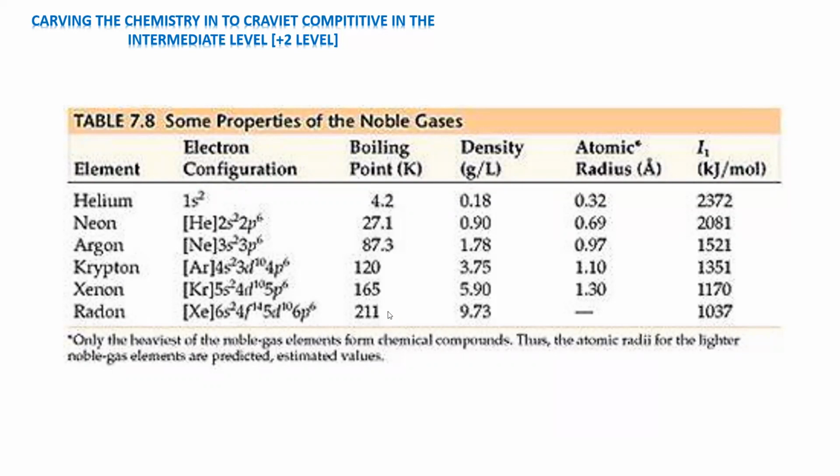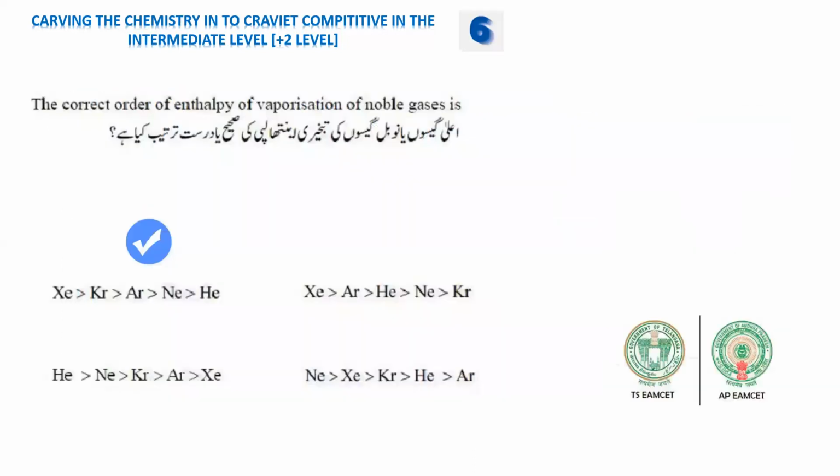You can clearly observe the highest enthalpy of vaporization for radon, followed by xenon, krypton, argon, neon, and the tiniest helium with the lowest boiling point. So this is the way we can answer, and the right order will be option number 1. For question number 6, option number 1 is the right answer.